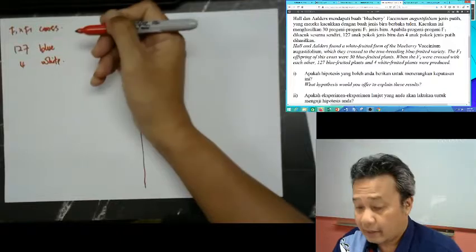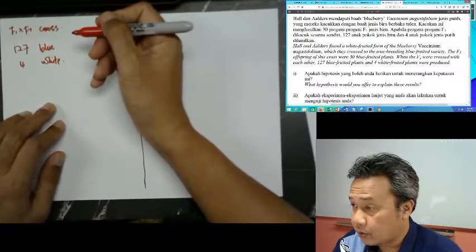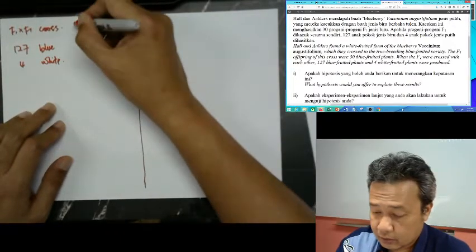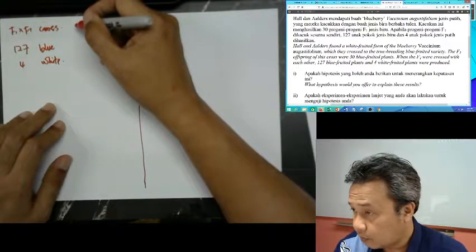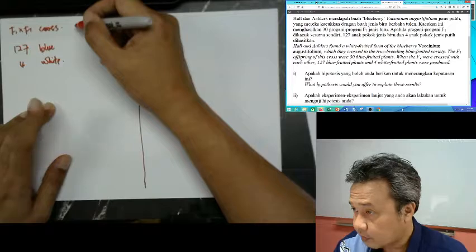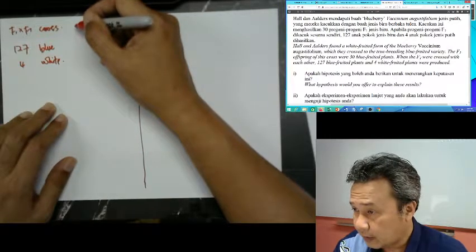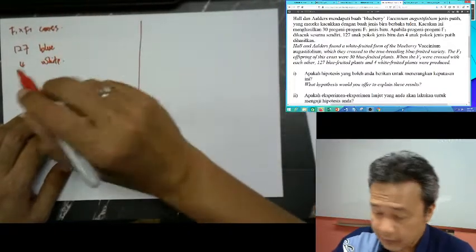Remember, in the P1 cross, it is white versus blue. Okay, I'm assuming. Never mind, we'll work on that.